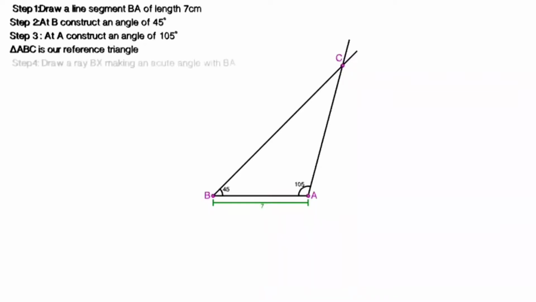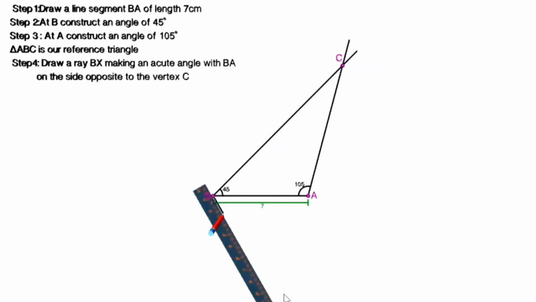My next step is that I draw a ray BX making an acute angle with BA on the side opposite to the vertex C. So I'll be making the acute angle like this. From B, I'll make a line downwards and I mark this point as X so that I get the ray BX.